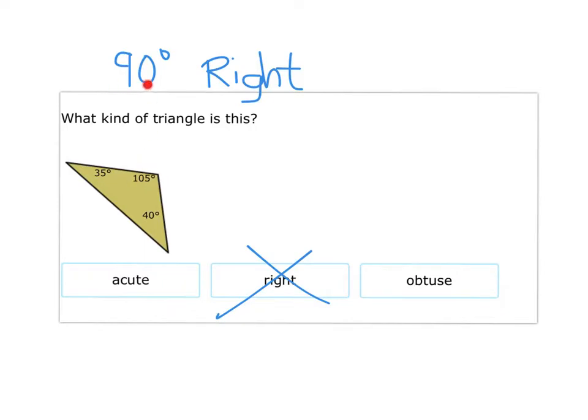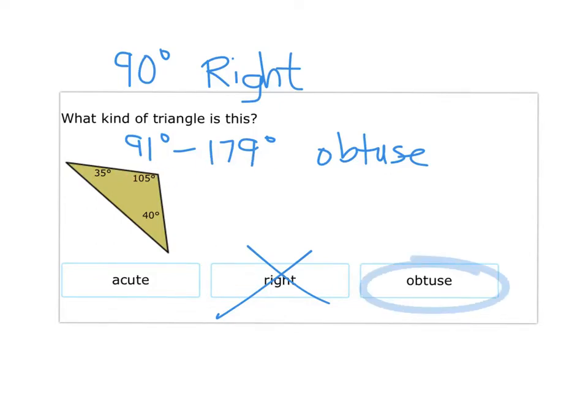Now 105 is bigger than right, which means it's obtuse, because an obtuse angle is anything from 91 degrees all the way to 179. Well, this number falls inside that range. It's bigger than 91 but smaller than 179. So that means this is an obtuse triangle.